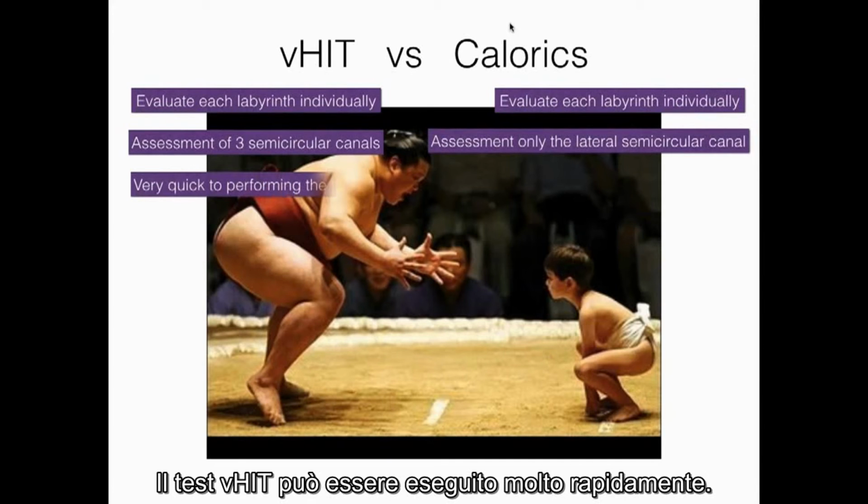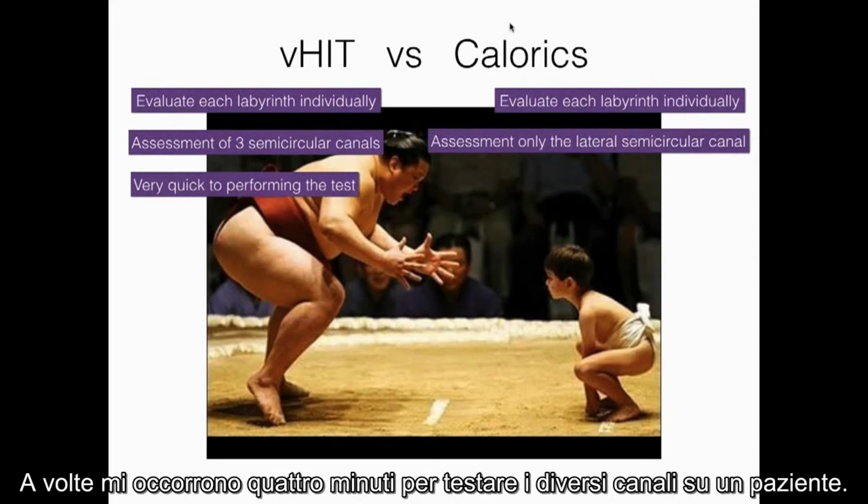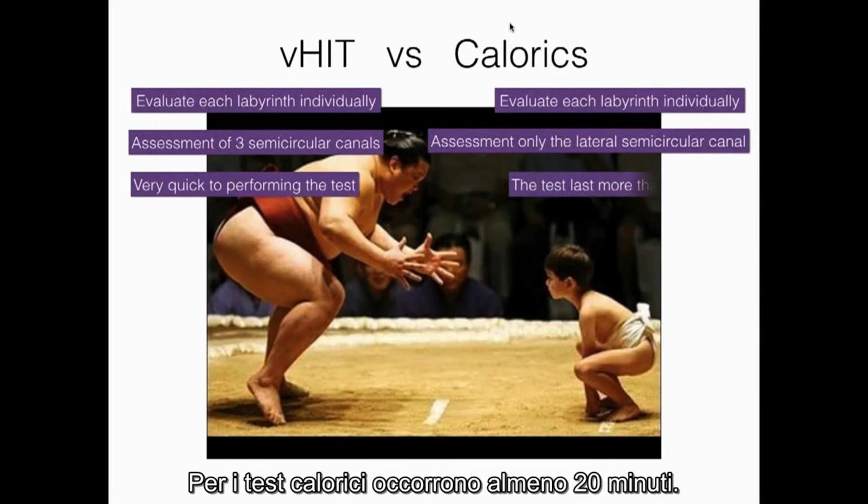The vHIT is very quick to perform. For someone who has experience, you can do the test in 5 minutes. I can tell you that sometimes I spend 4 minutes testing all the different canals in a patient. So it's a very quick test. And calorics takes at least 20 minutes.